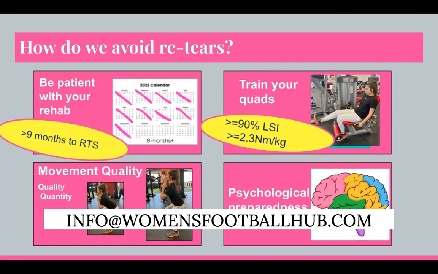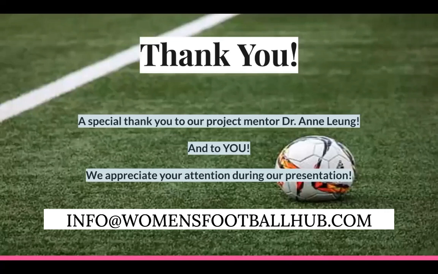And lastly, psychological preparedness. So making sure that we are confident, we're in the middle of that confidence scale, not fearful, not overly confident. And then we are training those cognitive dual task mechanisms in order to be as prepared as possible for anything coming our way.